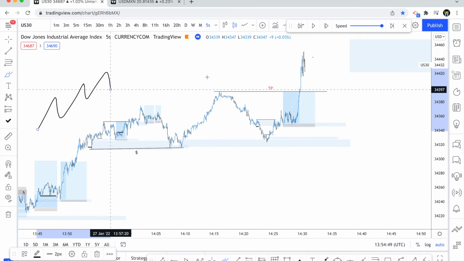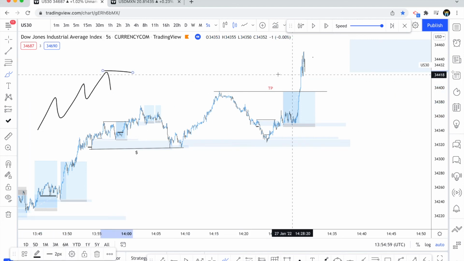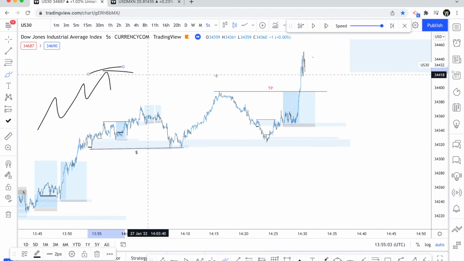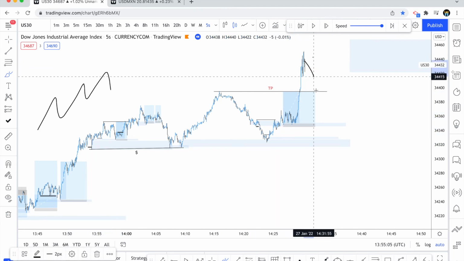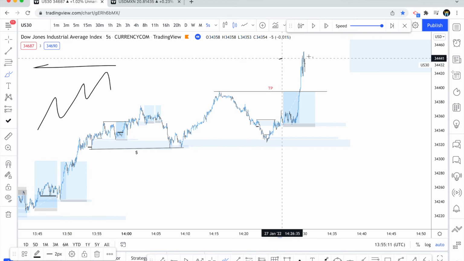Is that correct? Yeah, it is correct. On the left side here, price is taking out this high. This extension is taking out this high, and then it's taking that money, pushing all the way back. So I could have found some other high up here to target right over here.